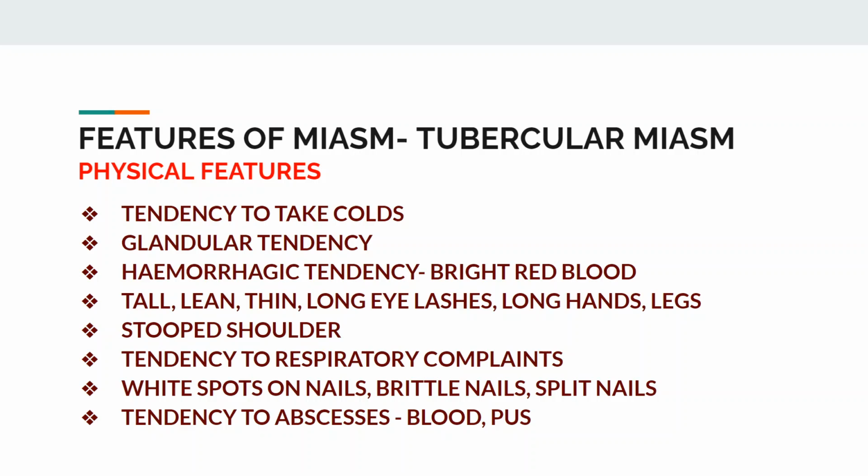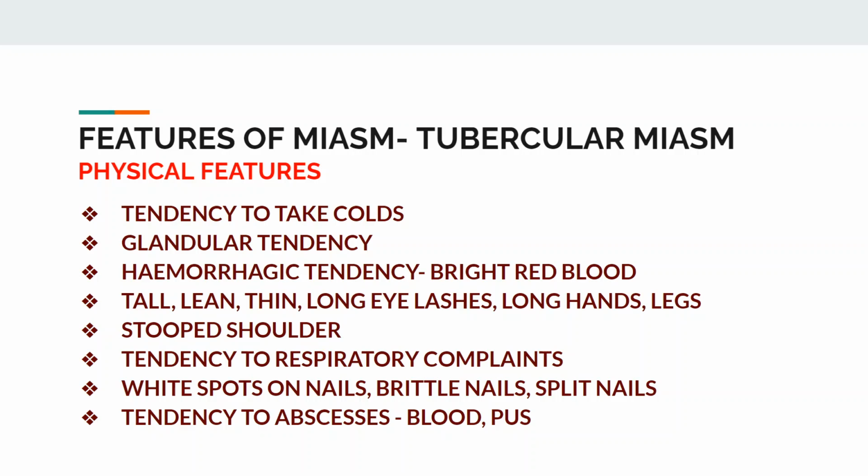Hemorrhagic tendency, that is bright red blood. Tall, lean, thin, long eyelashes, long hands and long legs are the features of tubercular miasm as you find in phosphorus. So phosphorus represents the tubercular miasm. The patient has stooped shoulders, a tendency to respiratory complaints, white spots on nails, brittle nails and split nails.